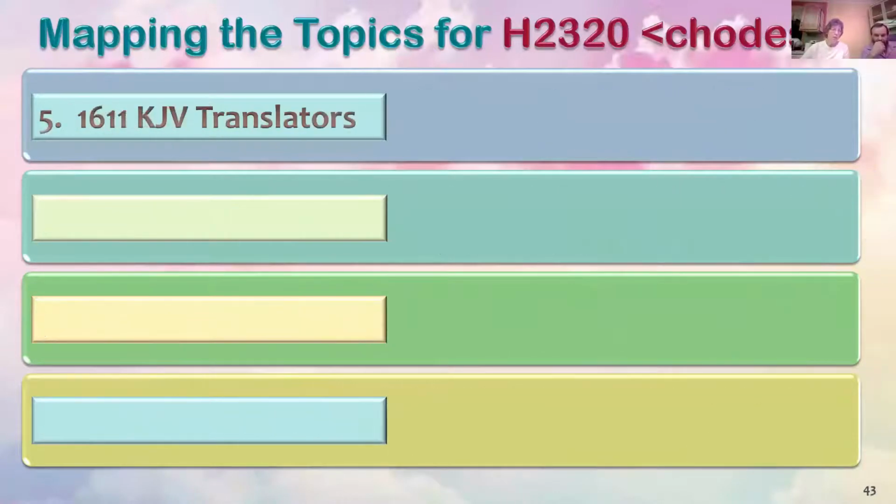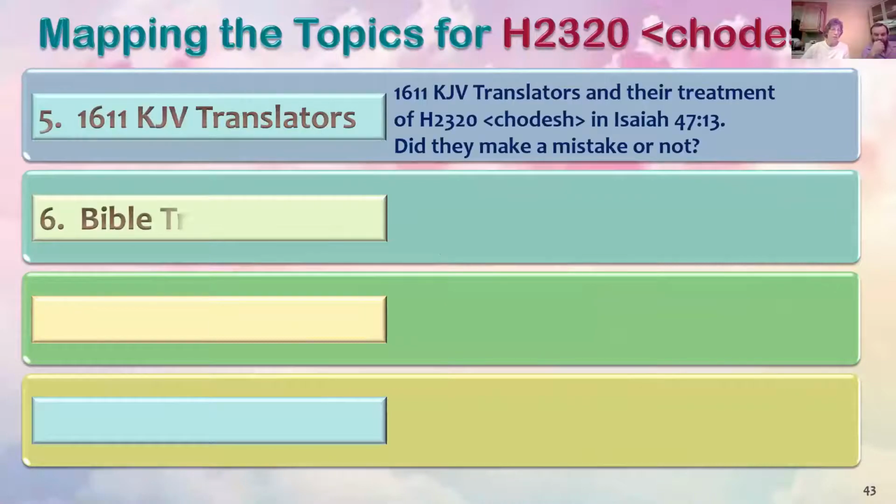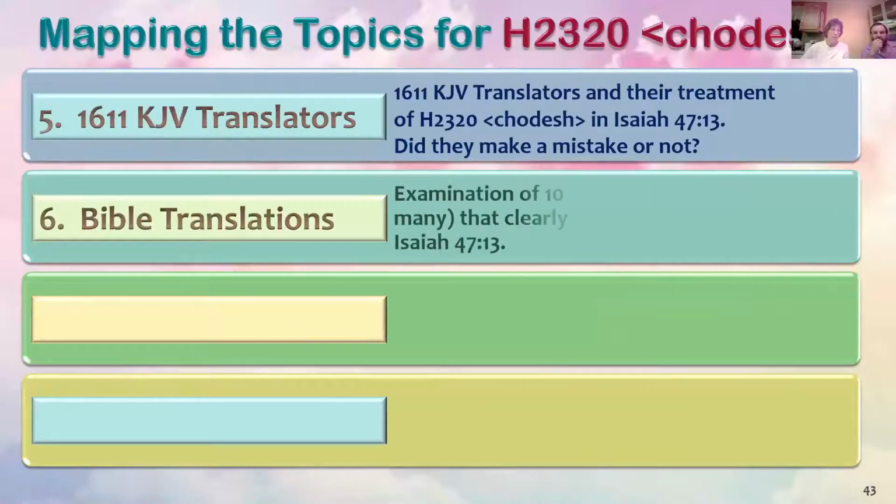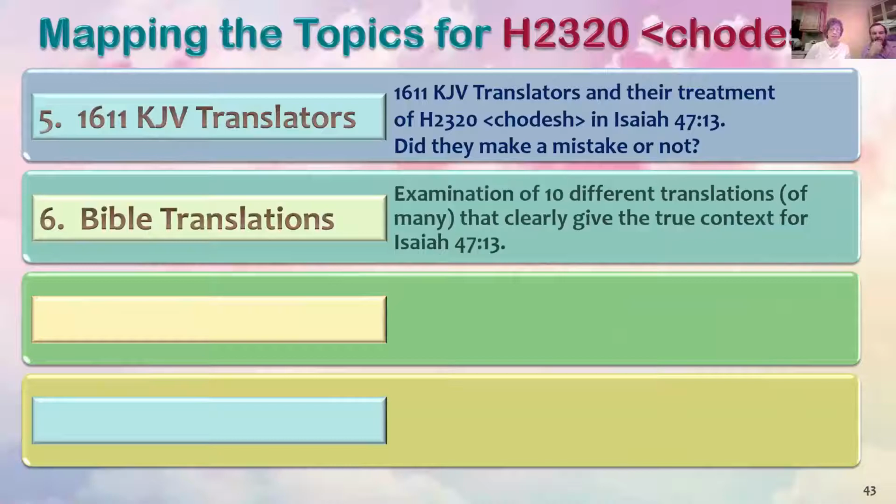So today we're going to look at the 1611 translators and their treatment of 2320 Kodesh in Isaiah 47:13. Did they make a mistake or not? And then we're going to look at 10 different Bible translations besides the King James Version to see if they will give us a clearer context for Isaiah 47:13.